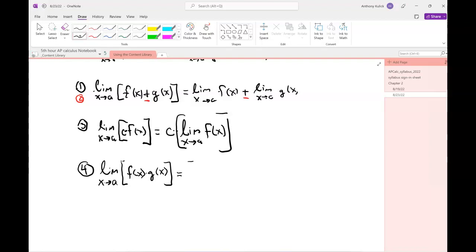What we can do then is, the limit of a product of two functions is the product of the limit of each function.